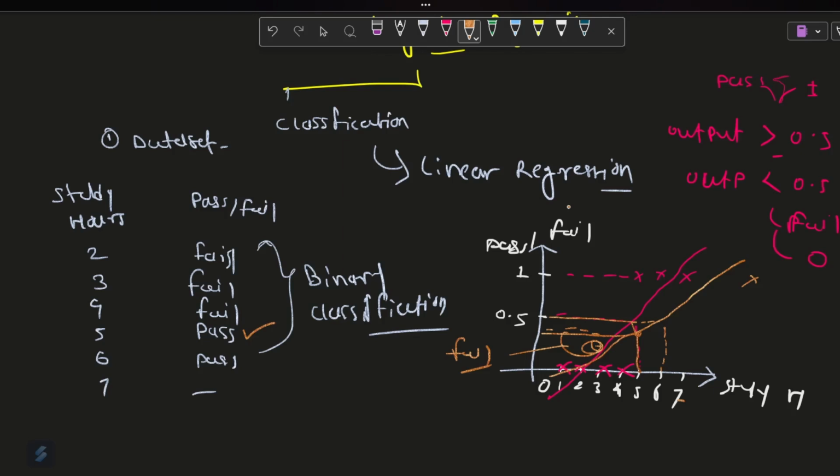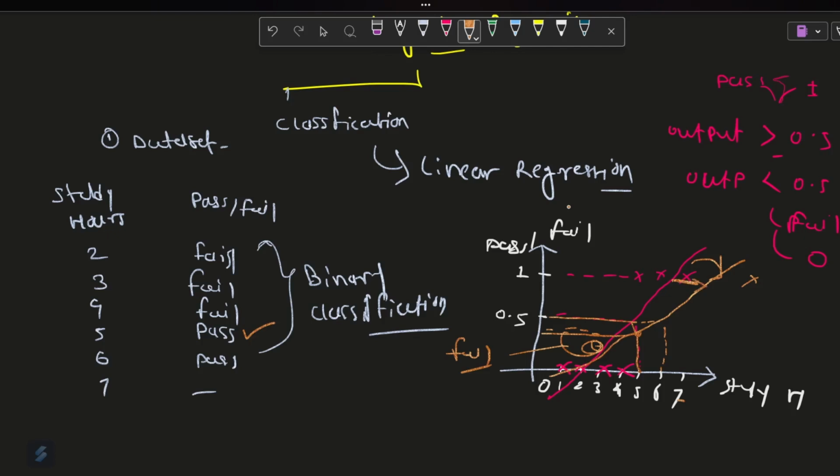So we need a type of line that does not squeeze, but jumps like that at that particular point.